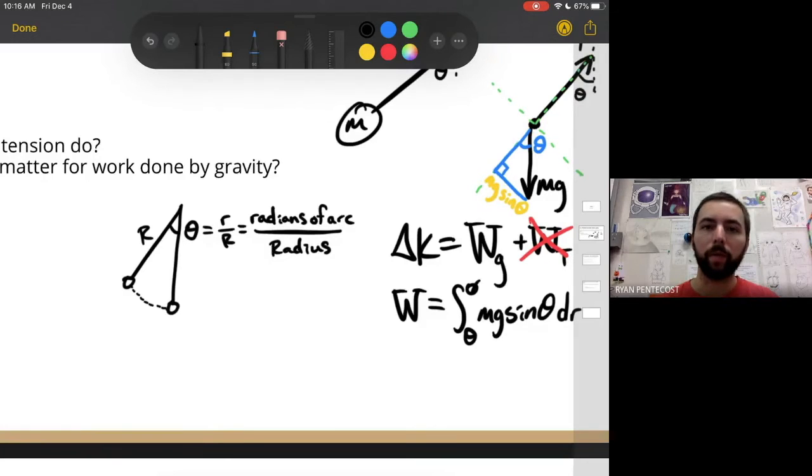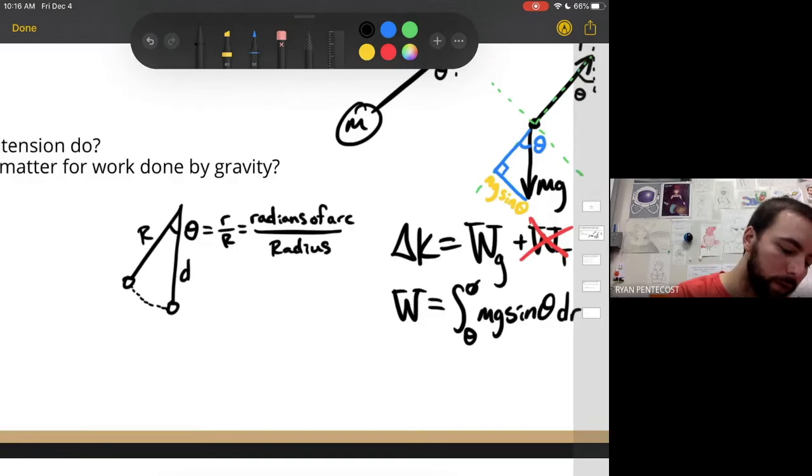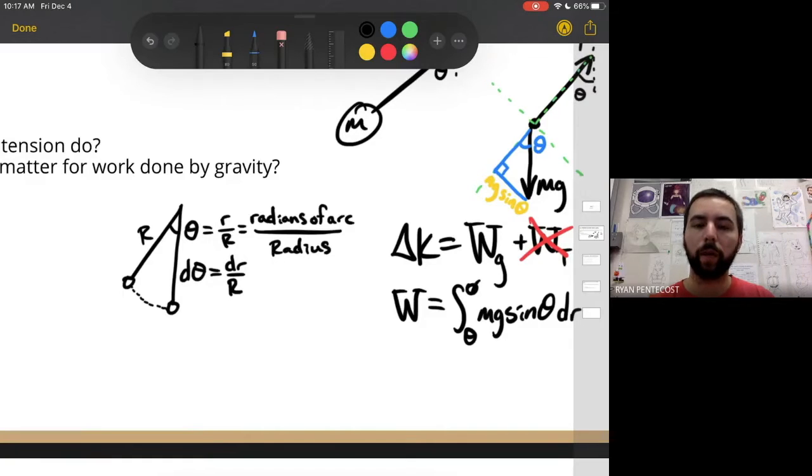Now, if this object is swinging, that means that our radians and our angle are actually changing. So we can use calculus to analyze this. But as an object swings, the radius doesn't necessarily have to move. Now, it could be moving, and that is a very different problem.